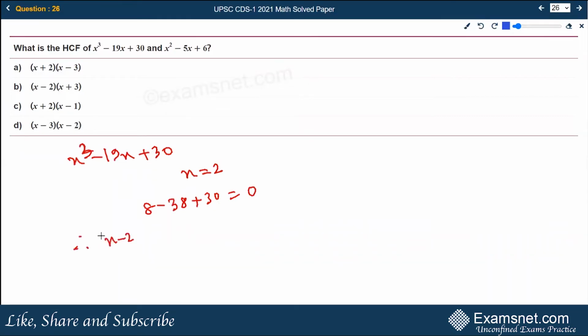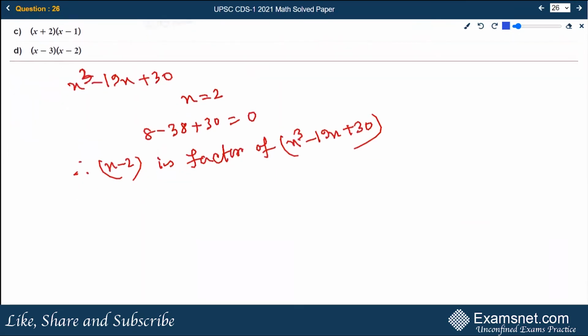Therefore, x minus 2 is a factor of x cube minus 19x plus 30. So with the help of the vanishing method, I am going to solve it here. x cube minus 19x plus 30.